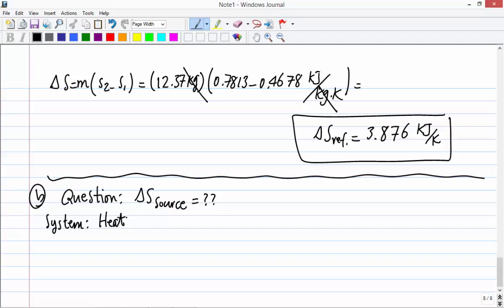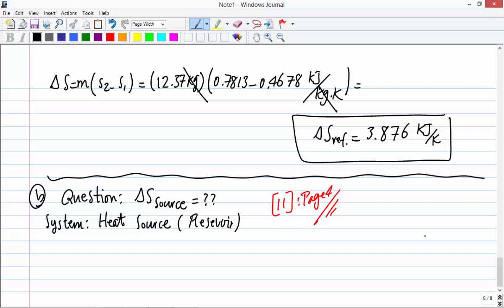This is why in the beginning I told you that we need to change our system in this solution, or like it's a reservoir. Page 4 talks about reservoirs.